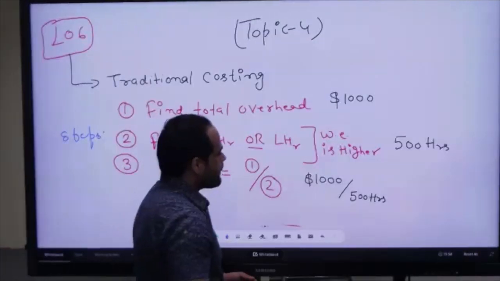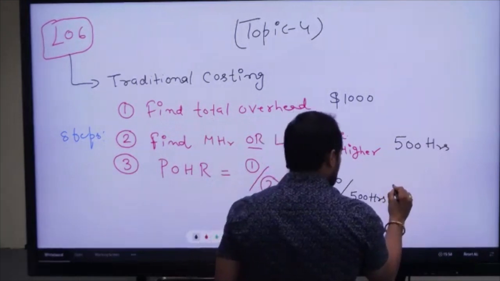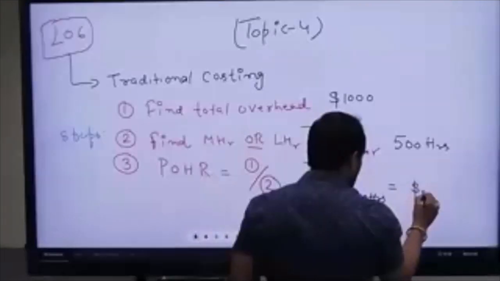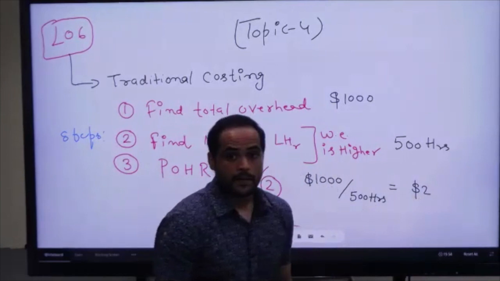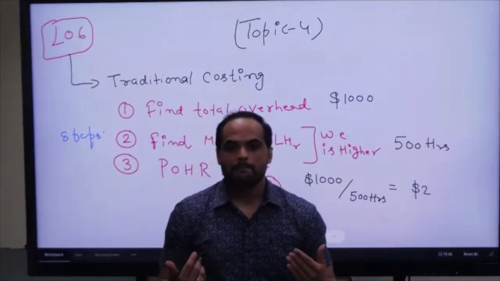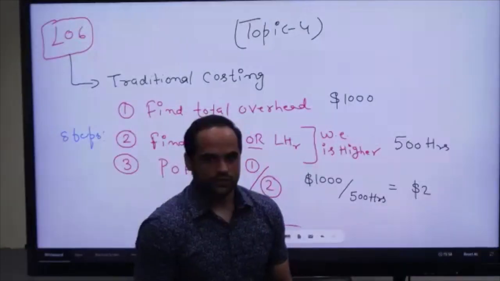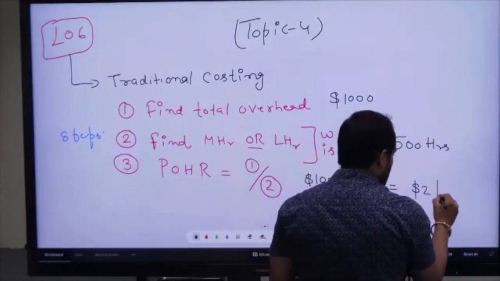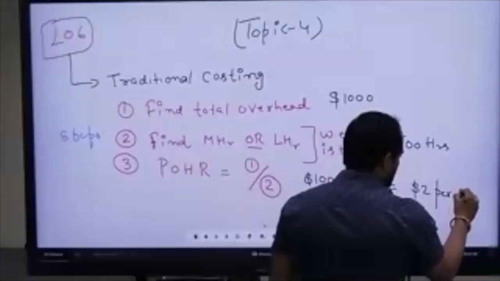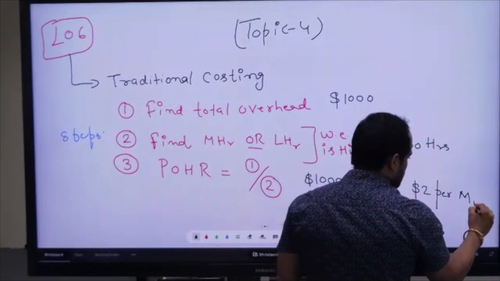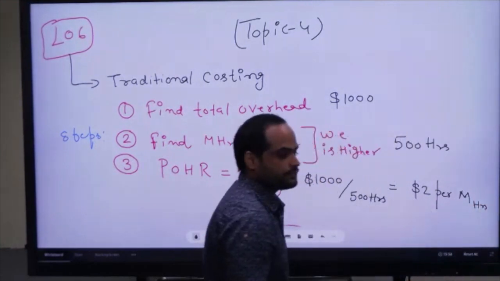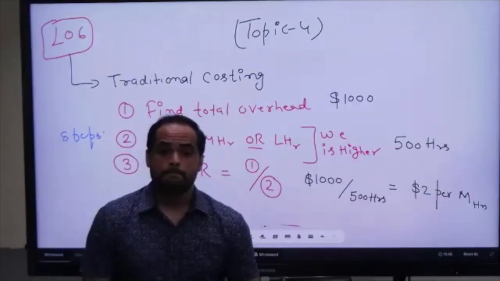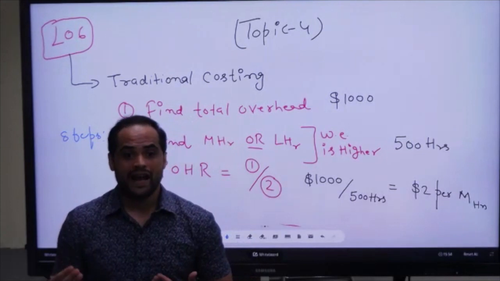So we get $2 per machine hour. This is the predetermined overhead rate.